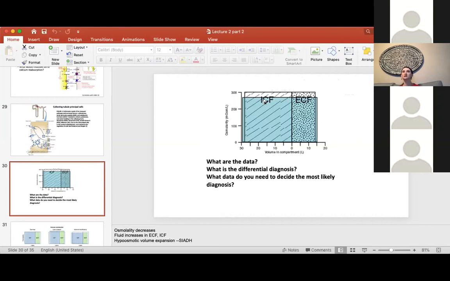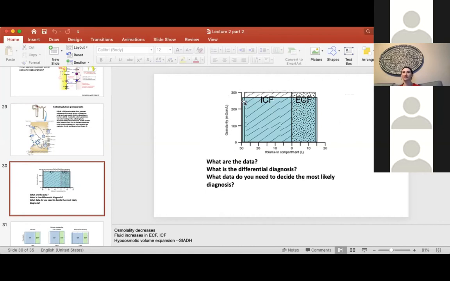Okay, so we've got ICF and ECF, and just looking at this graph, I would like to review these again. The blue is normal and the different patterns are the abnormal for our patient.